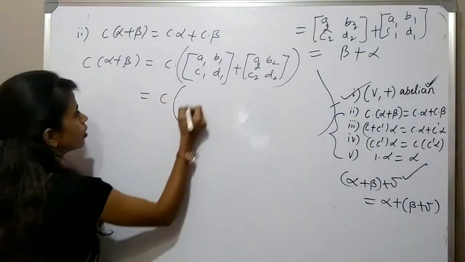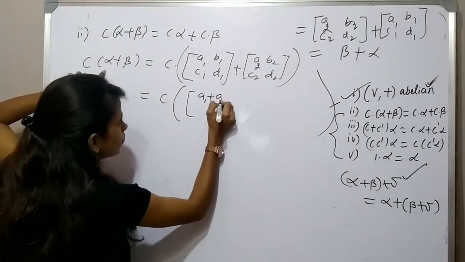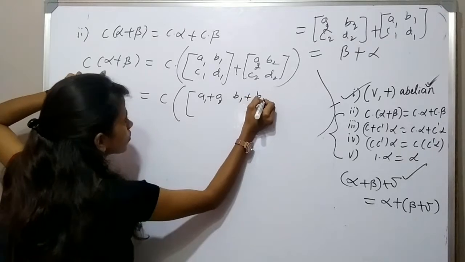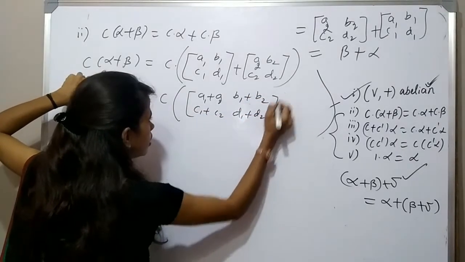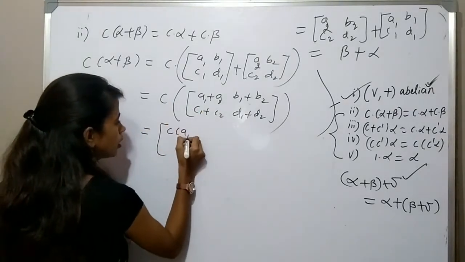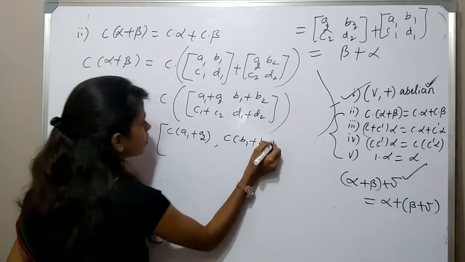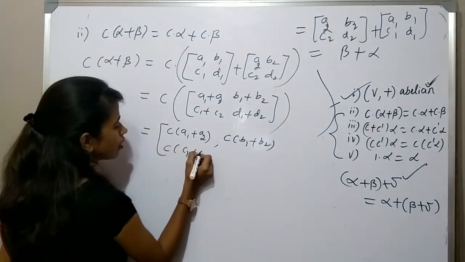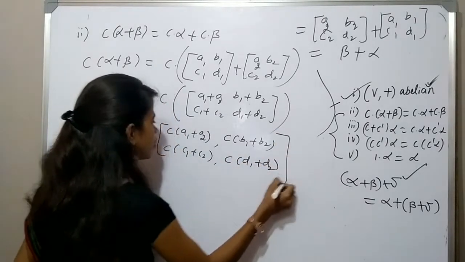So C into, now adding these two matrices, A1 plus A2, B1 plus B2, C1 plus C2 and D1 plus D2. Now multiply C within that, C into A1 plus A2, C into B1 plus B2, C into C1 plus C2, C into D1 plus D2. That is the scalar multiplication.